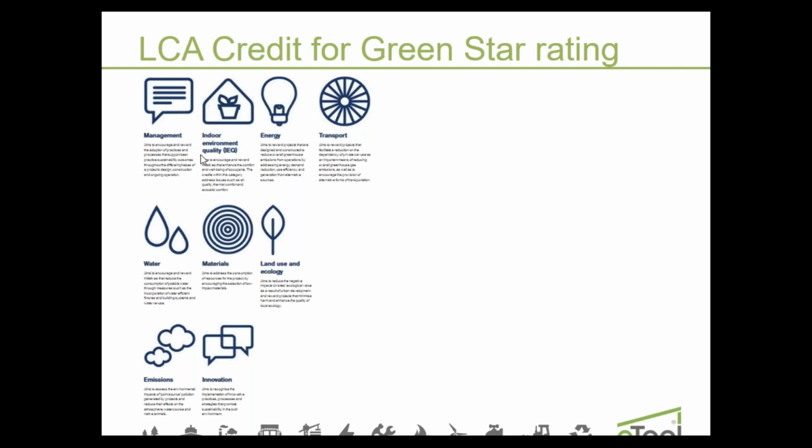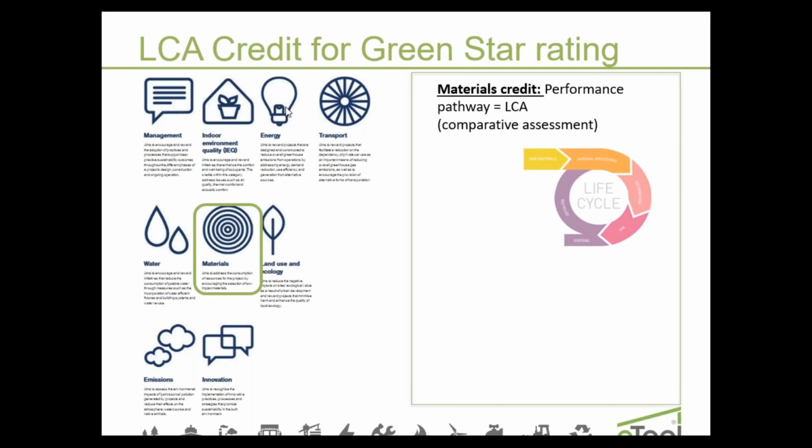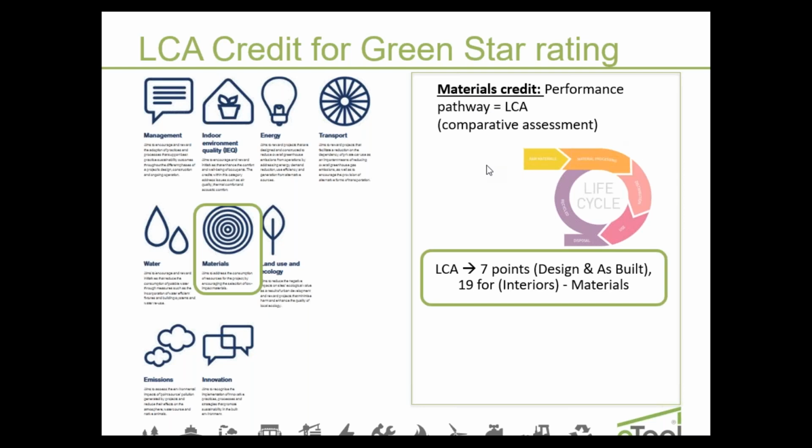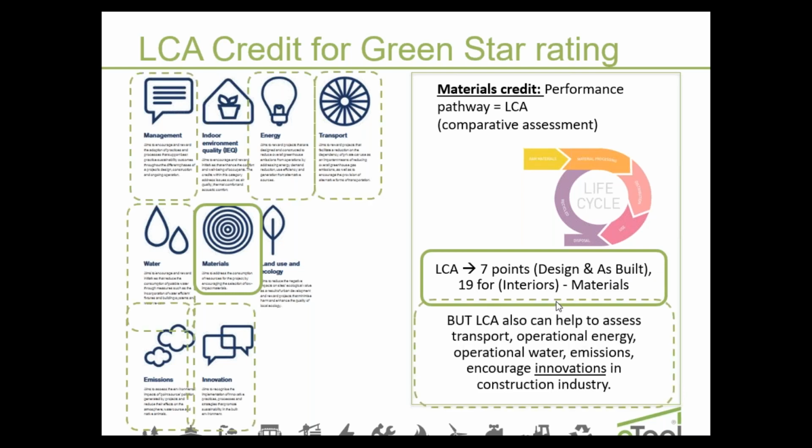So as you know, Green Star has all these different credits, and if we want to use LCA, we can use it for the materials credit. It's called Performance Pathway Comparative Assessment. And you could get 7 points for design and build projects and 19 points for interiors.